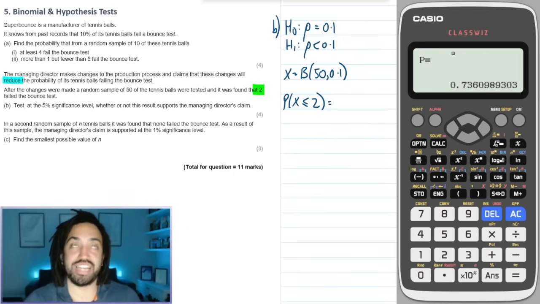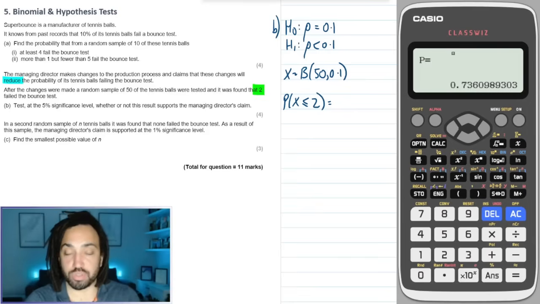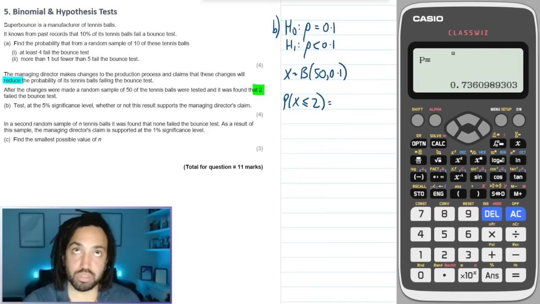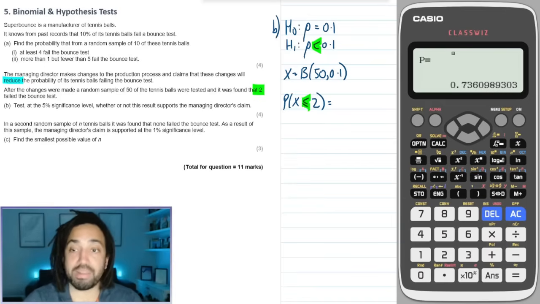Because anything less than 2 would also strengthen the claim. So it's not just 2 that we find the probability for, but anything which would strengthen the claim. And just again, if you are doing it this method, not the critical region method, then this symbol here is less than, and this one is less than or equal to. They always point in the same direction.